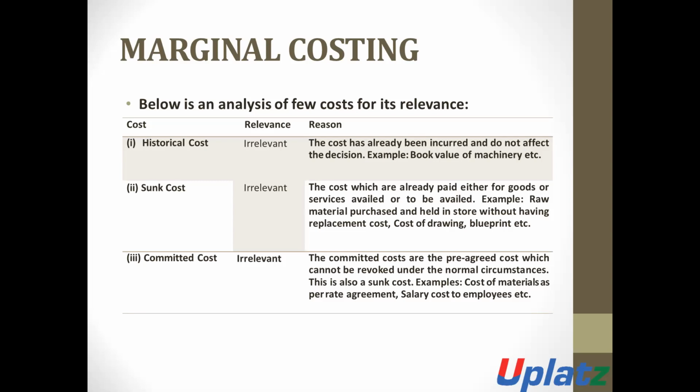For example, the book value of machinery is a historical cost and it does not have any effect on the decision. Sunk cost is also irrelevant, because it is the cost which is already paid either for goods or for services already availed.